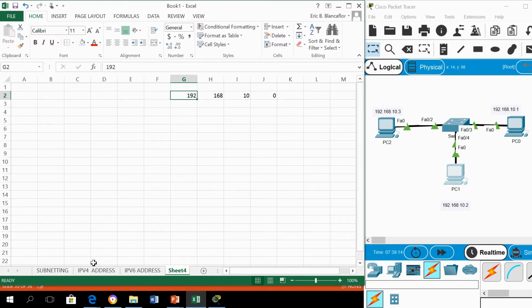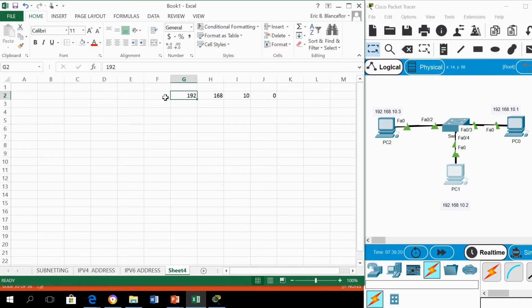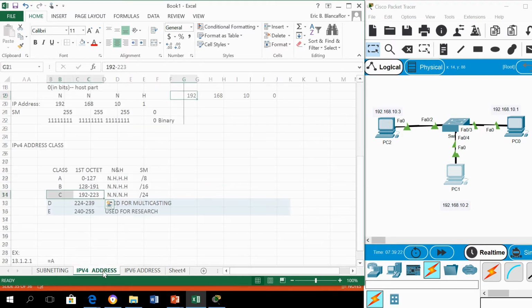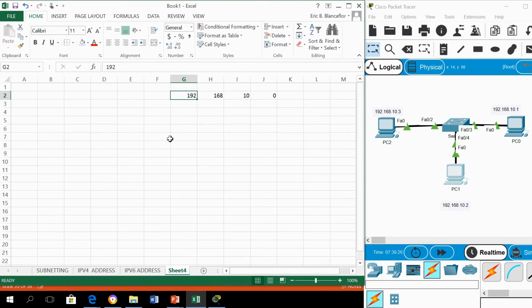Based on the first number, 192 is class C. And in class C, we said that the arrangement is network, network, network, and host. So the 192 is a network part, the 168 is a network, the 10 is a network also, and then the 0 is the host part.